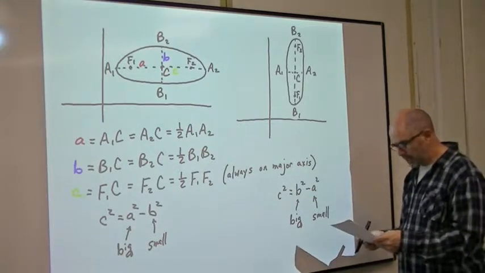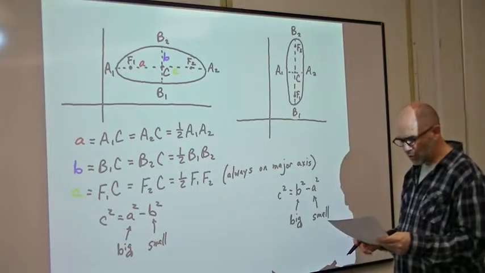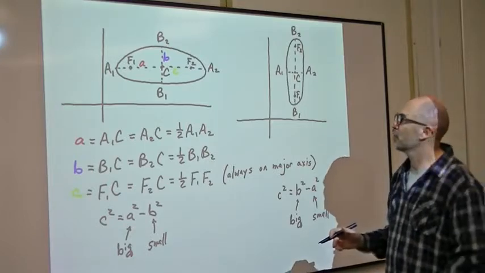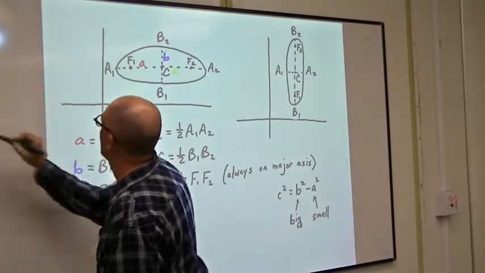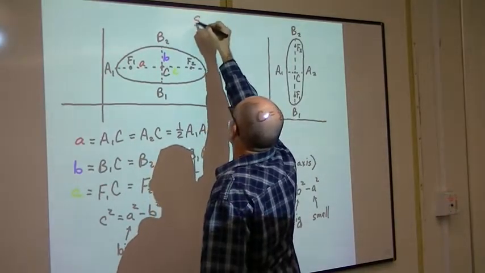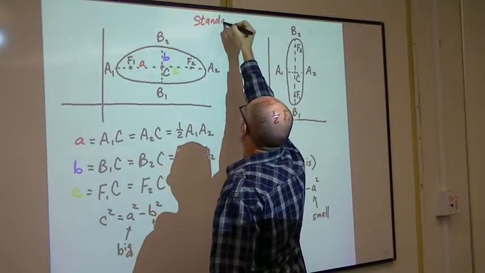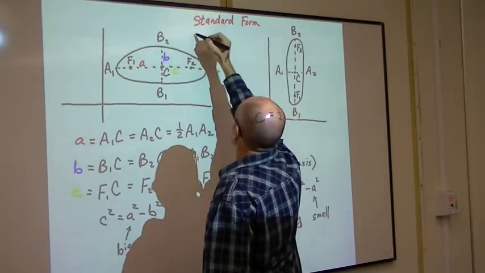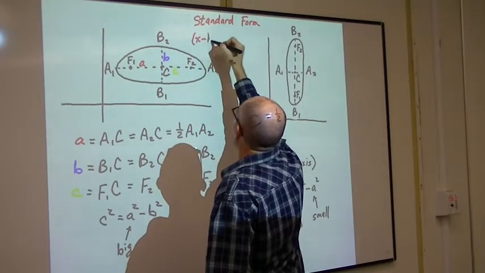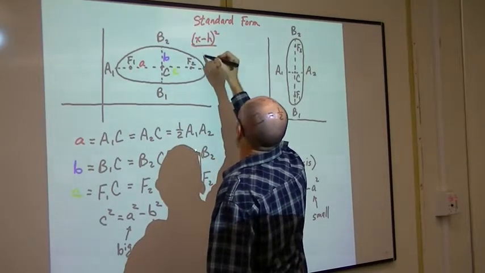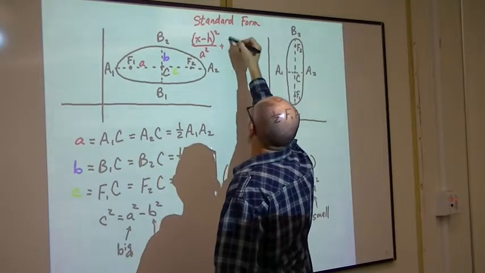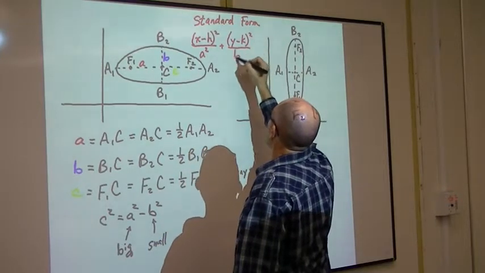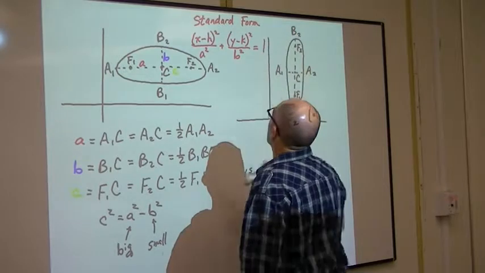All right, one more thing that we have to understand for this is the standard form for this ellipse is going to be x minus h squared over a squared plus y minus k squared over b squared equals 1.